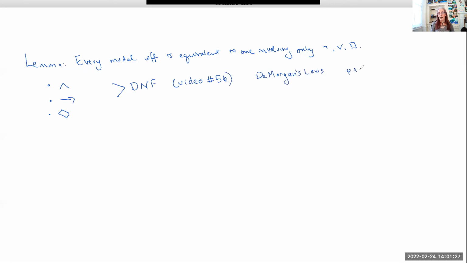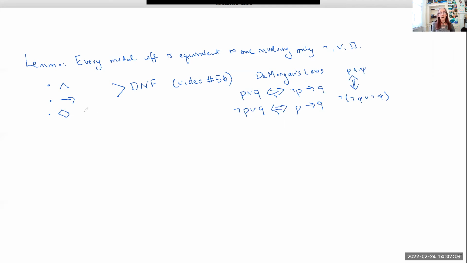So if you have phi and psi, you can always convert this to not phi or not psi. So look, only involving disjunction and negation, doesn't involve any conjunction. And also for the conditional case, the equivalence between P or Q and not P implies Q, which also follows the equivalence of not P or Q and P implies Q. So what you can do at the purely propositional level is just reduce it to disjunctive normal form and you're good.